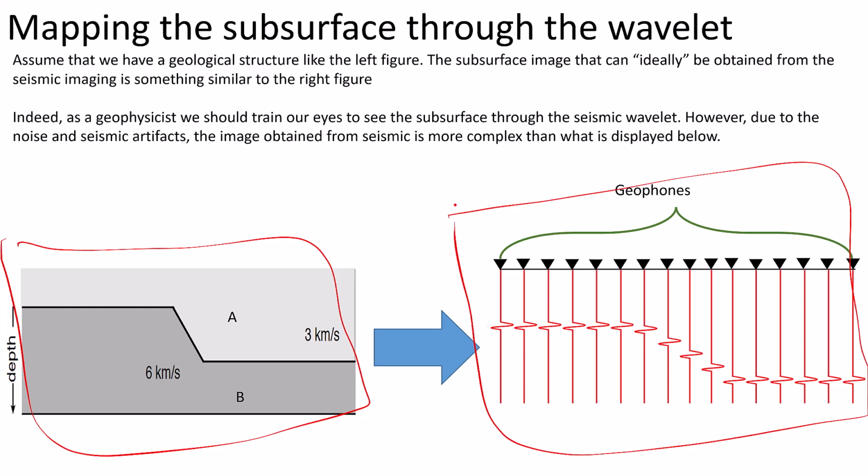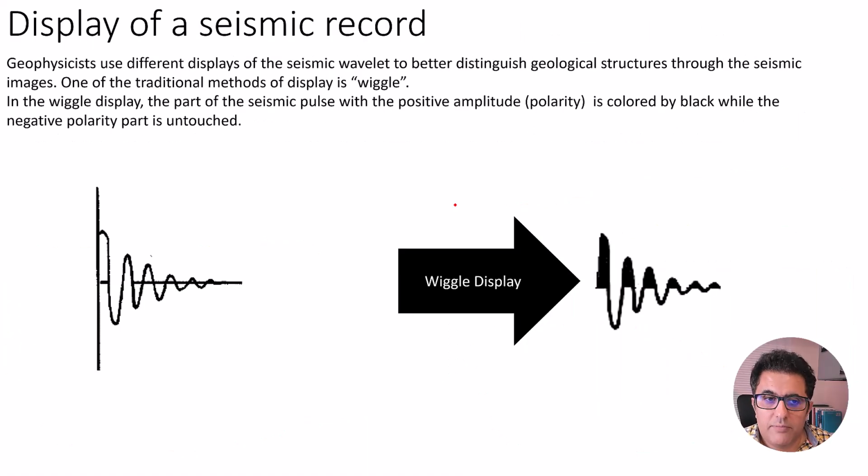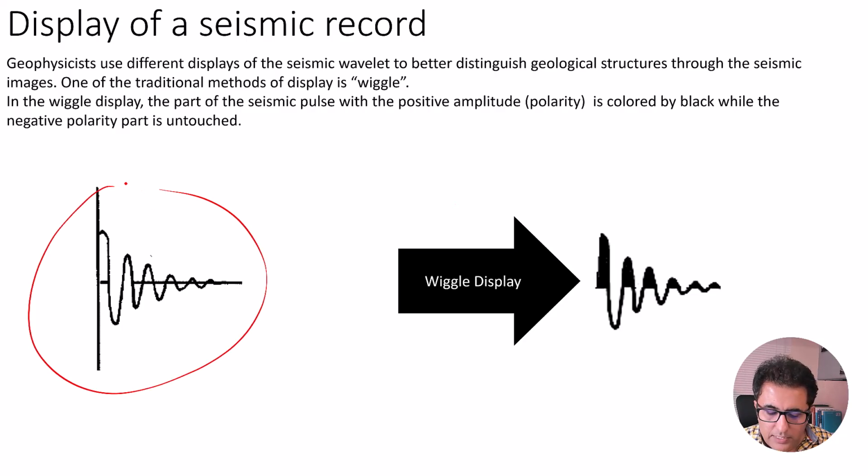And in order to facilitate this process, geophysicists have developed different display methods. One display method is the Wiggle display, and the Wiggle display is very simple. Assume that you have a pulse, and in your seismic section, you color the area with positive polarity black and leave the negative polarities untouched.